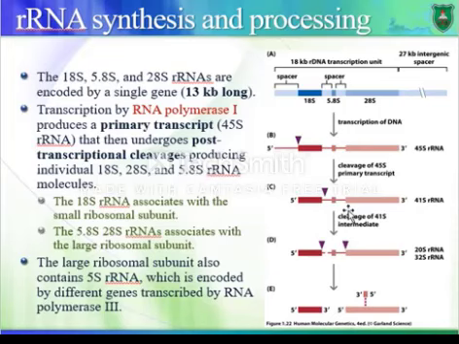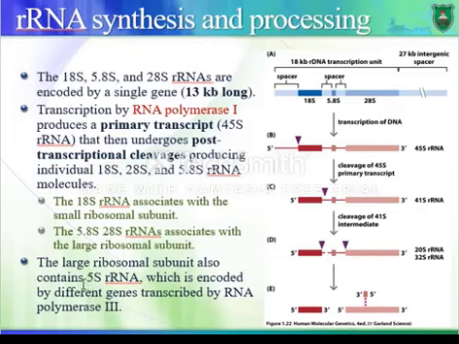So, the 18S ribosomal RNA associates with the small ribosomal subunit. The 5.8S and 28S ribosomal RNA will associate with the large ribosomal subunit. Also, you remember that we have the 5S ribosomal RNA, which is associated with the large ribosomal subunit.